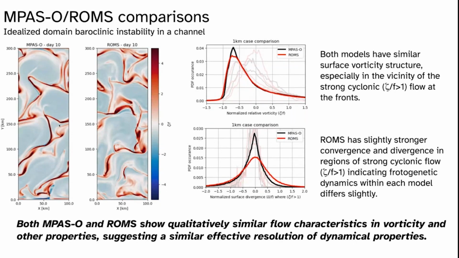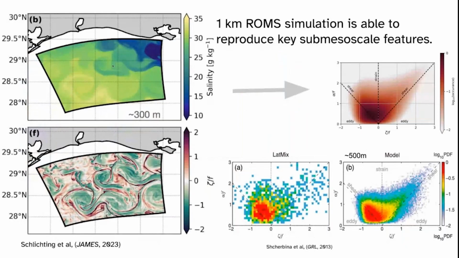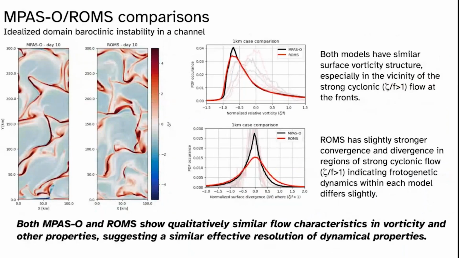We started out very stratified and in a parameter space that is very much like this northern Gulf case, and we let it go unstable. And here you can see this is the Rossby number again, very nonlinear flows with eddy-like features everywhere. And this is an MPAS-O simulation and a ROMS simulation, both with a resolution of 1 kilometer.